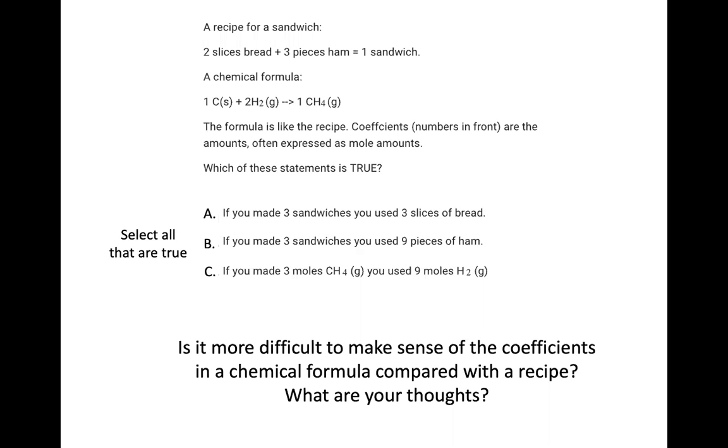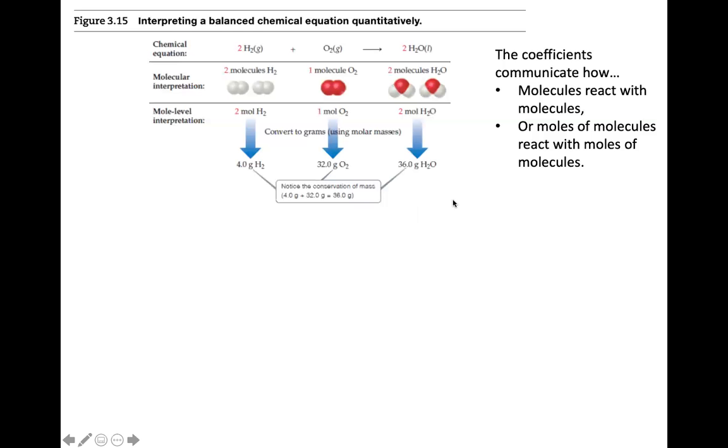Okay, you were doing a really good job looking at the relationships, and the coefficients are telling us the proportions. It might be in our recipe for sandwiches. It might be in our chemical equation. Keep that skill because I know you got it. You just demonstrated it. When we have within here our chemical reaction, we could be thinking of it in terms of the molecules that are involved.